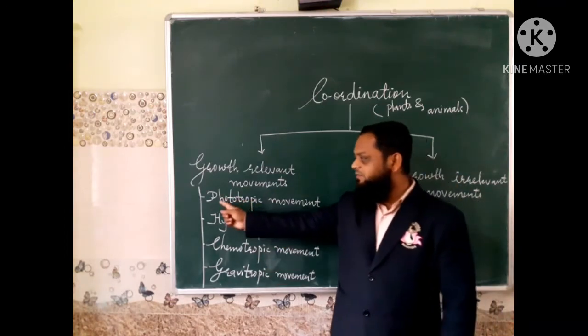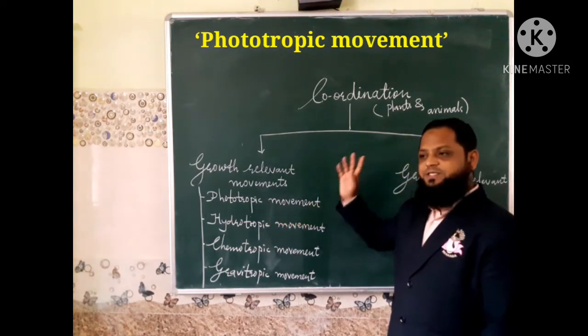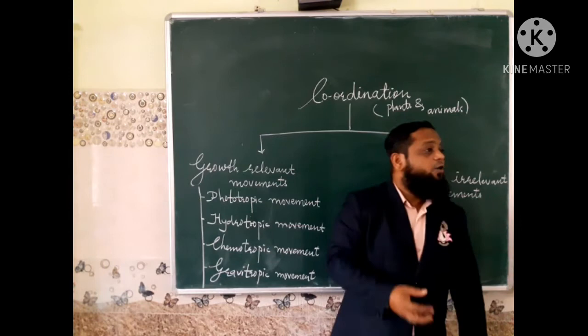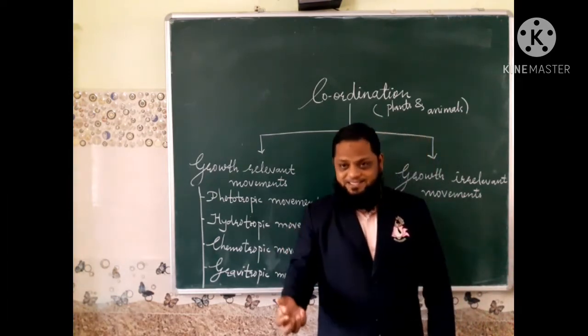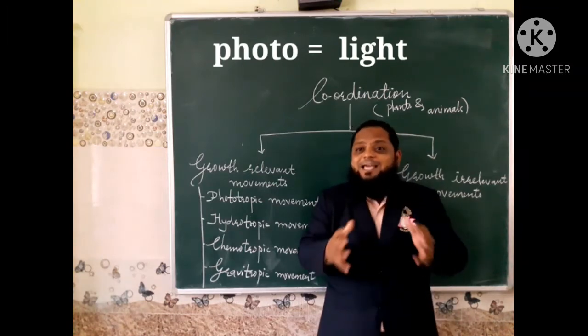Let's begin with the first one, that is phototropic movement. The word itself indicates that photo means light; here we have to consider sunlight.